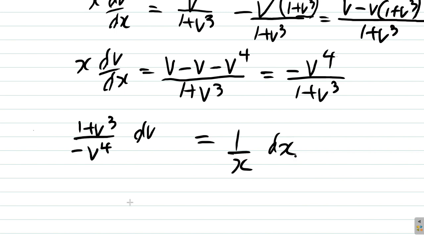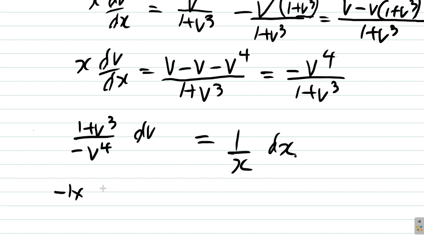What do we do now? Let us fix this part up. We have a negative. Call this negative 1 times, because negative anything is negative 1 times. Let's put the negative out here.